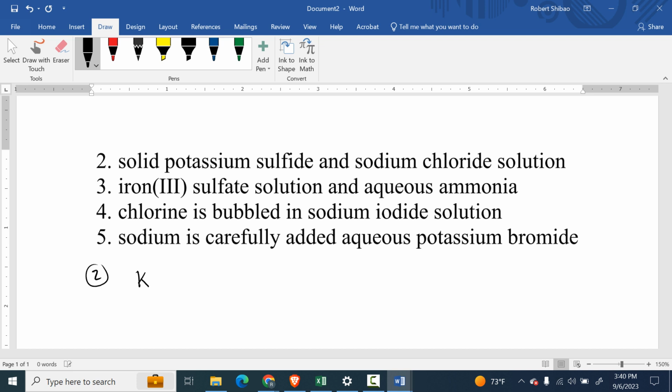So potassium is K plus, sulfide's S2 minus, so we'll need 2 potassiums for every sulfide, and this is solid. In sodium chloride solution, the sodium chloride will be aqueous. So I'll leave it blank or write AQ. I'll just leave it blank. And so what should form here?